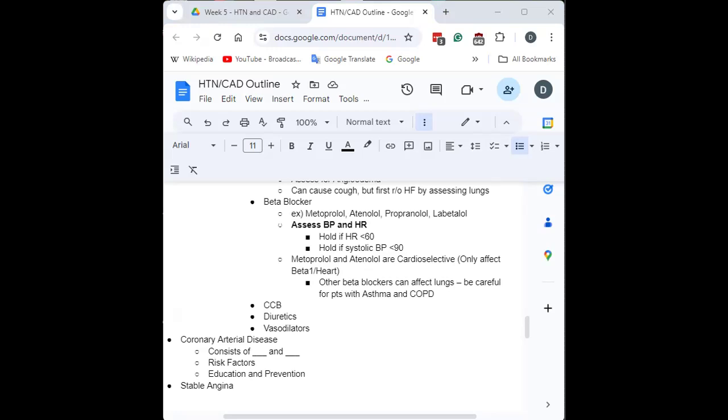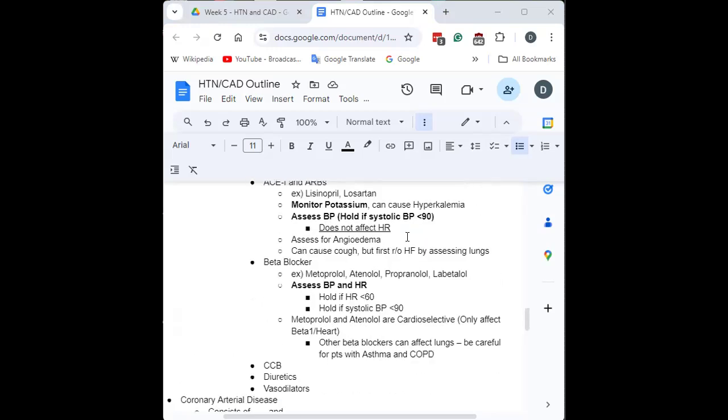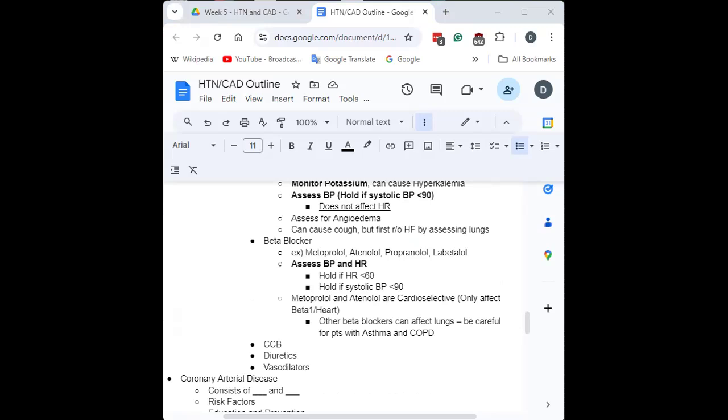We don't assess potassium for beta blockers, only really for ACE inhibitors, of the other ones. I believe beta blockers should use the.